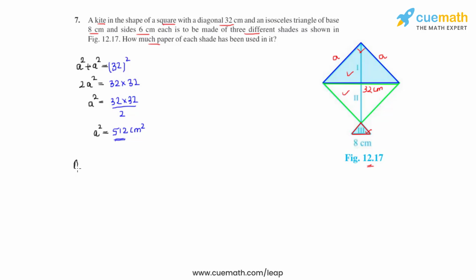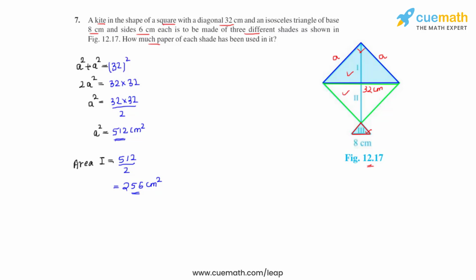Now, as the diagonal divides the square into 2 equal triangles, the area of region 1 will be equal to 512 divided by 2. So that comes as 256 centimeter square.